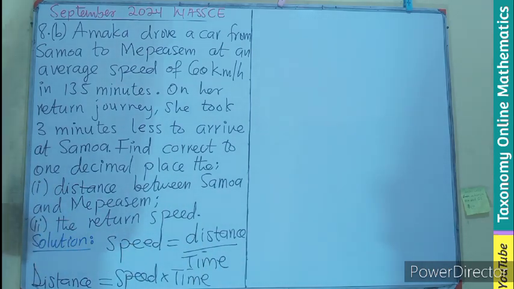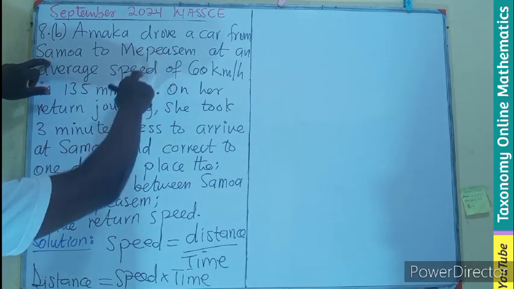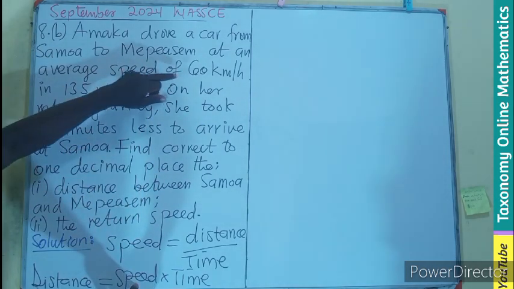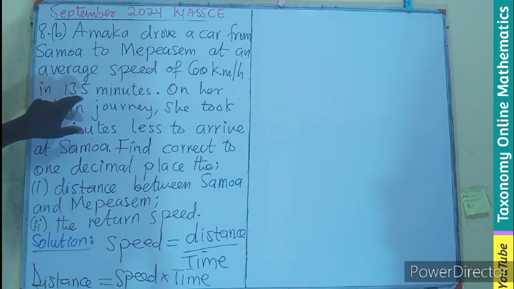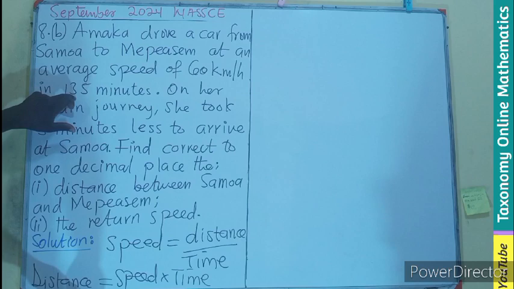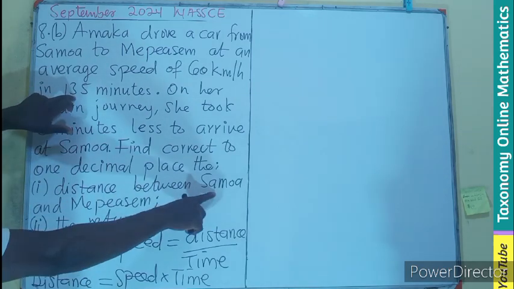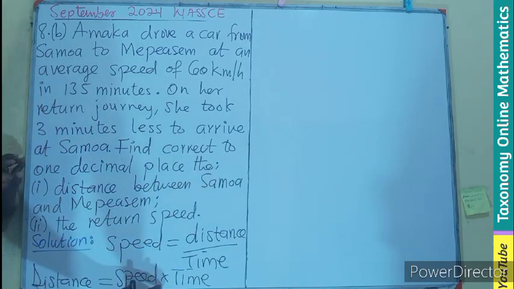So let's look at the beginning journey. From Samoa to Mimpasem, the speed required is 60 kilometers per hour. The time required is 135 minutes.